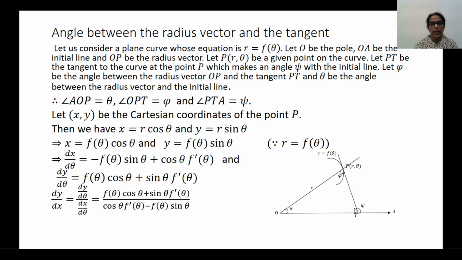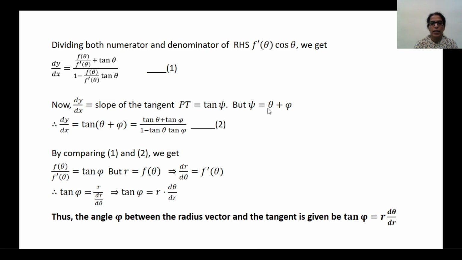Exterior angle equal to the sum of the opposite interior angles. So psi equal to theta plus phi.